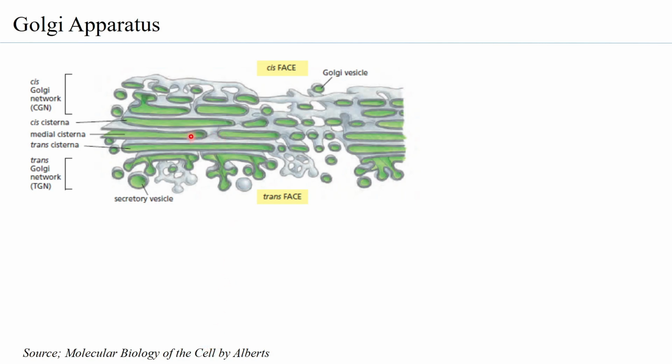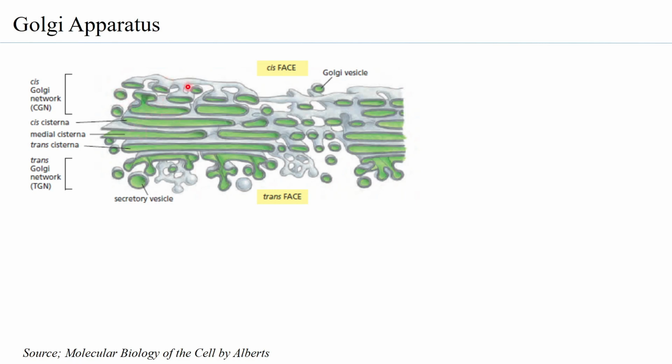Now you would see that many Golgi can come together through interconnected vesicles. You would consider this as a whole Golgi complex, or you can have as small an apparatus as just 2 cisternae.